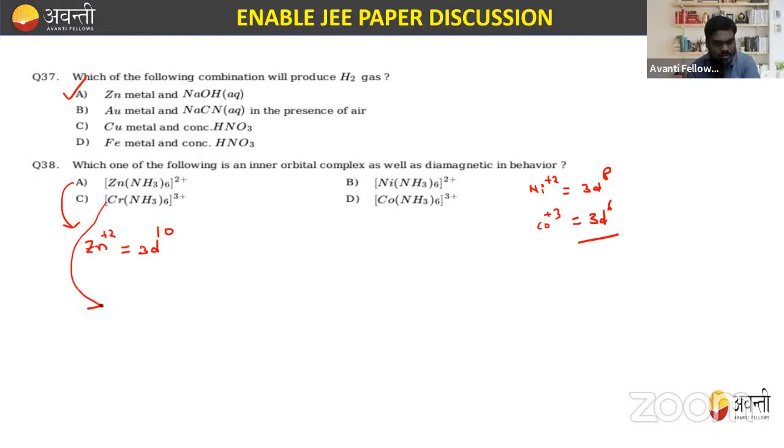If I'm talking about chromium, Cr(NH3)6, here chromium has +3 charge, and in +3 chromium has 3d3. Now, out of these 4, if you know the electronic configuration, which will form an inner orbital complex?